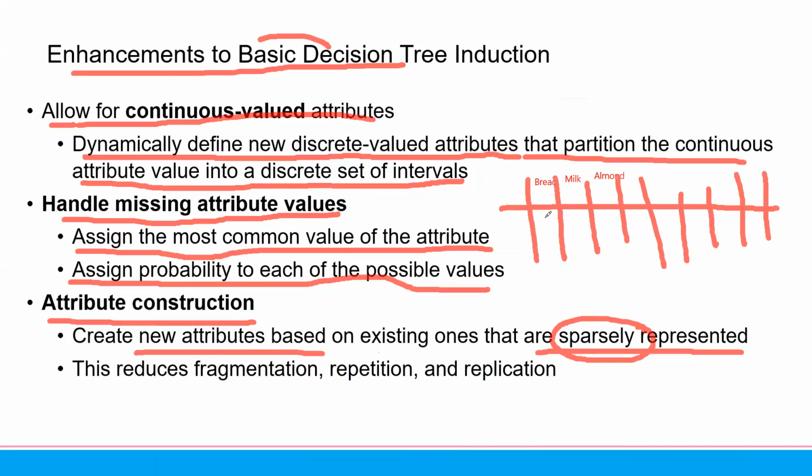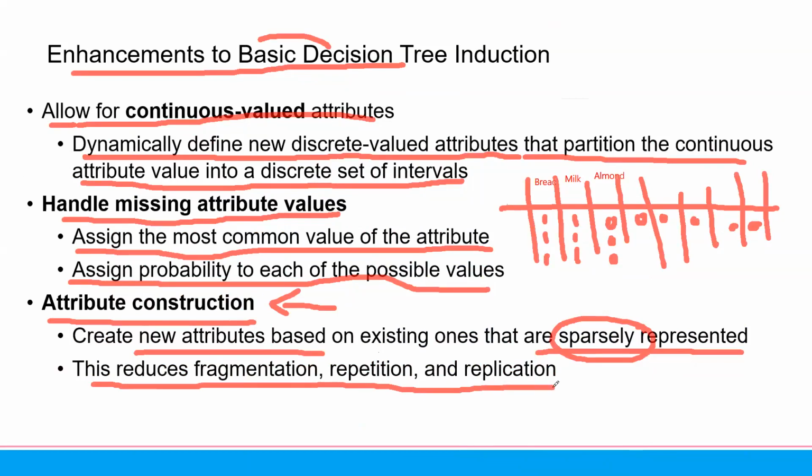So we can see like this one is 1, 1, 1, 1, 1, 1, but this one might be 0, 0, 0. And then if we have another product, so 0, 0, 0, 0. So this is what we call sparse. If we have a lot of sparse like this, we can try to construct a new attribute. So the attribute construction can reduce the fragmentation, it can reduce the repetition, and it can reduce the replication.